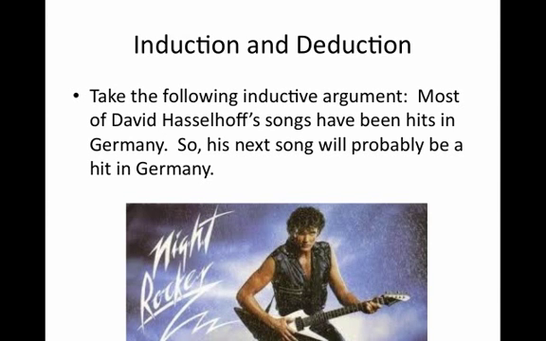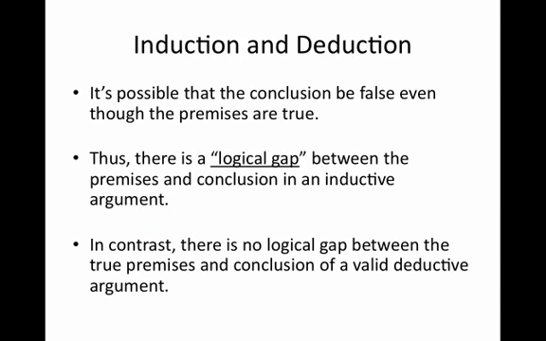All right. Well, let's talk more about inductive arguments. Take the following inductive argument. Most of David Hasselhoff's songs have been hits in Germany, so his next song will probably be a hit in Germany. Well, it's possible that the conclusion be false in this argument, even though the premises are true.